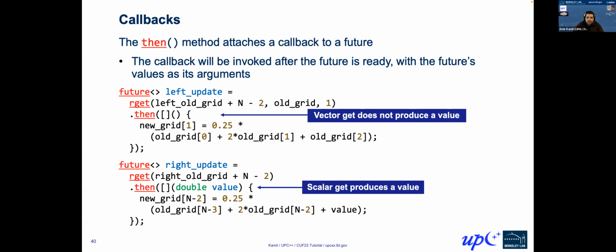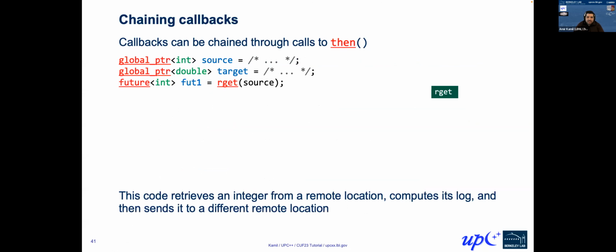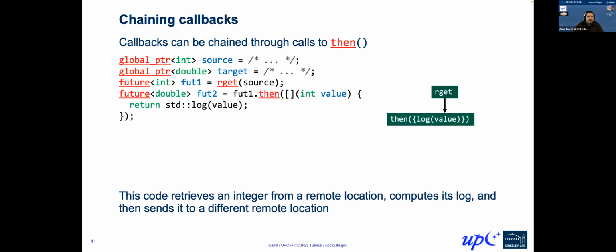Now, the example we see here is just simple: we're doing a single communication and then attaching one callback to it. But the nice thing is that we can construct more complicated chains of callbacks and essentially a longer asynchronous computation. For instance, we can have an rget, attach a callback that does some computation and produces some other value, in this case a double value.